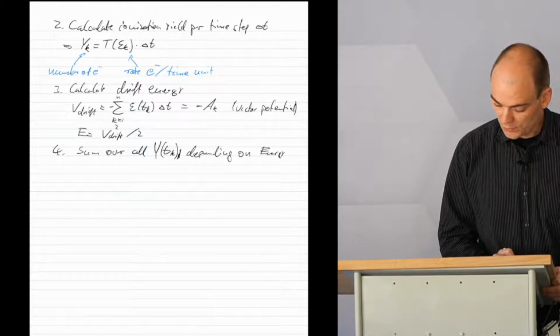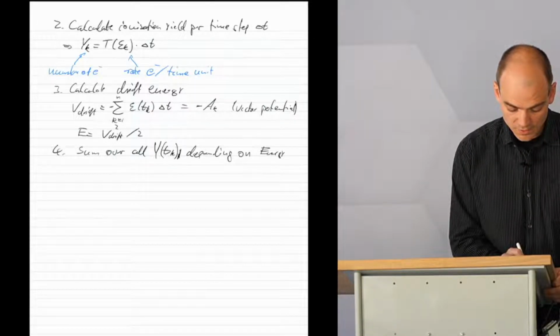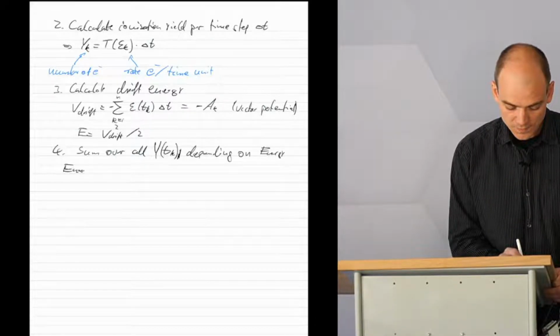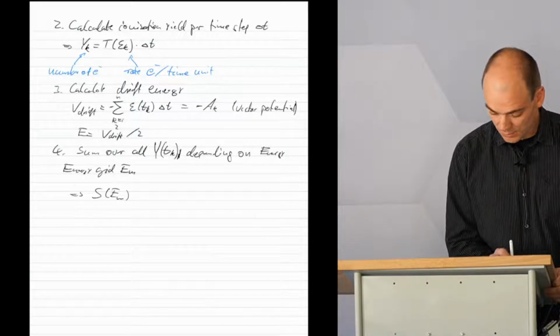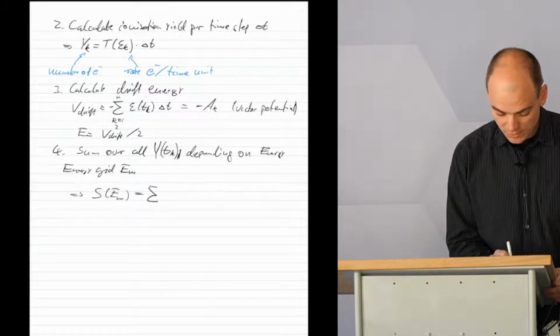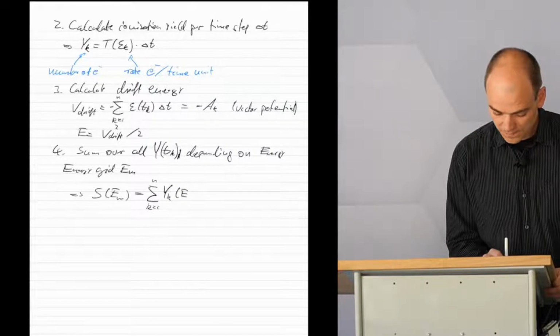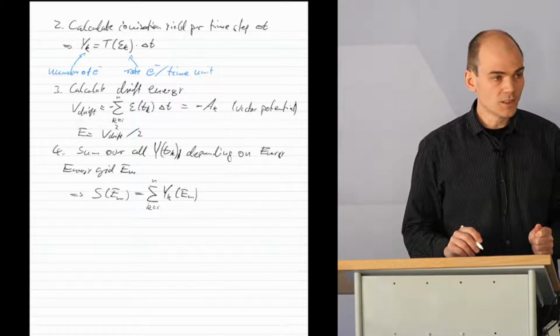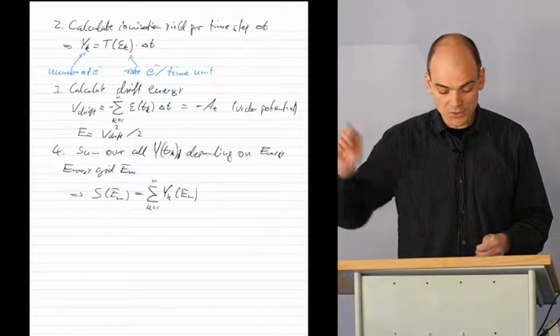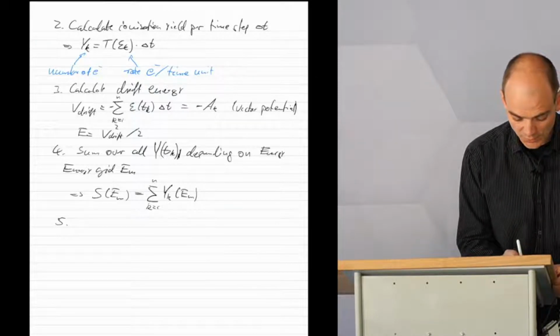So if you define an energy grid E_m, then the energy dependent spectrum would be the sum over k equals 1 to n, and whenever your y_k leads to a certain energy, you sum it up, and then the result is the following spectrum.